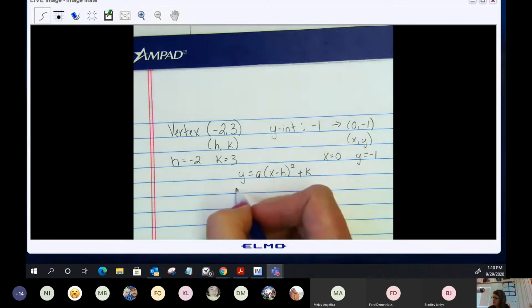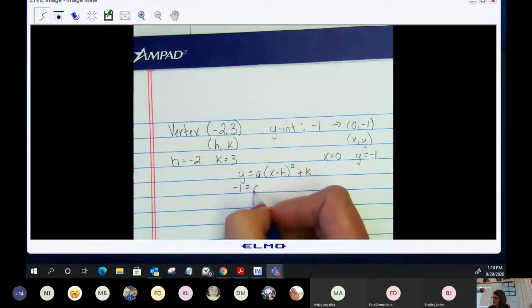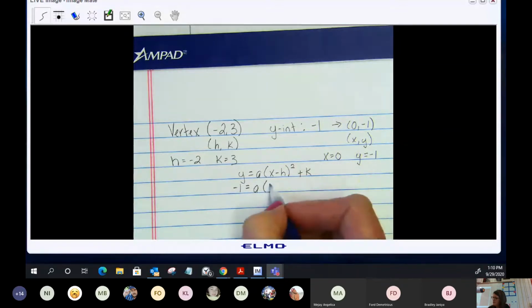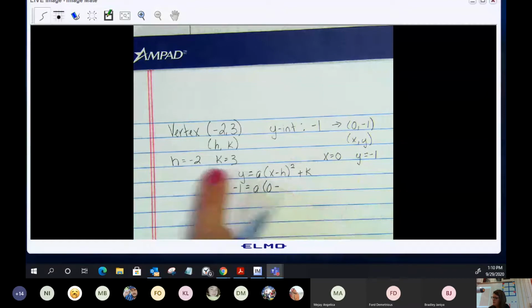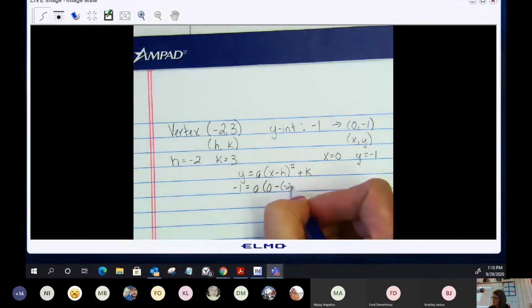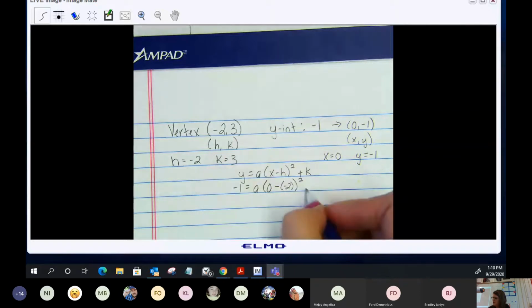My y is -1. I don't know what a is. My x is 0 minus my h. Now be careful. I have a minus a -2, squared, plus my k value, and k is 3.